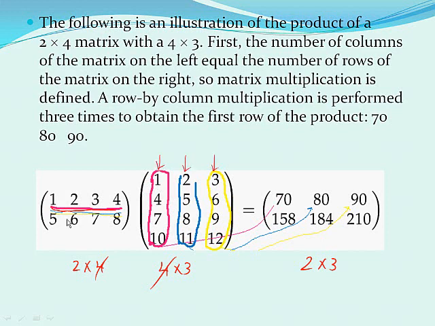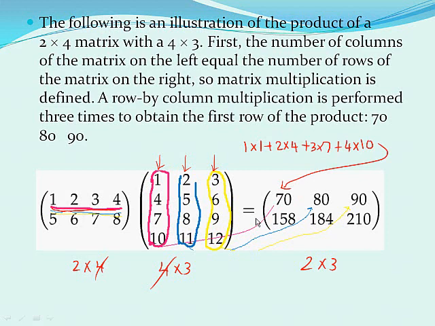If I take the first row and multiply with the first column, my answer will be 1 times 1 plus 2 times 4 plus 3 times 7 and 4 times 10. When I add these numbers, I will get this one entry, first row, first column.